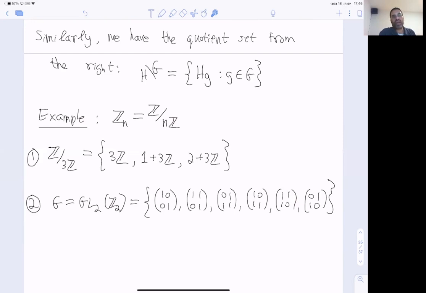Because if it were cyclic, it would be abelian, but it's not abelian. So you must have at least 2 generators, because we have seen that any cyclic group must be abelian. It's not abelian, so it cannot be cyclic.